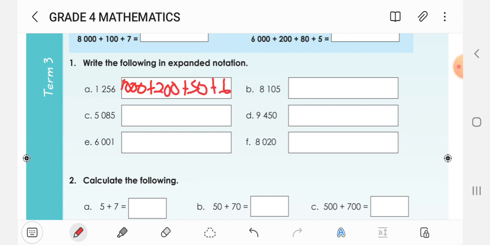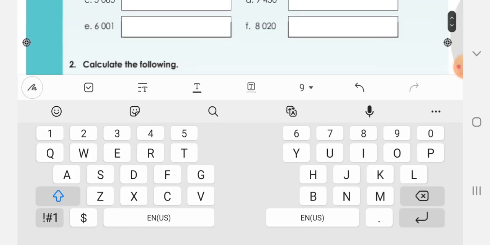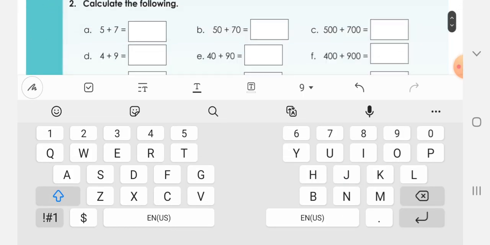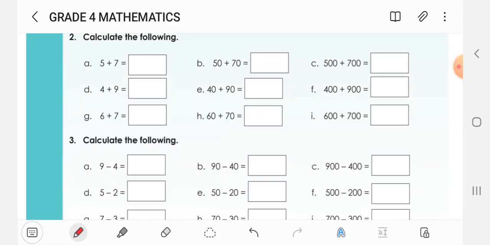So here we have 8,150. So we will have 8,000 plus 100 plus 0 plus 5. So our tens are 0. I hope you can do this, guys. It is easy.